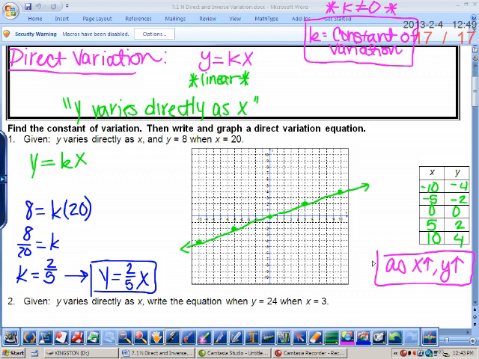Okay, what's our k value? K is 8. And what's our direct variation equation? Good. Questions on that?